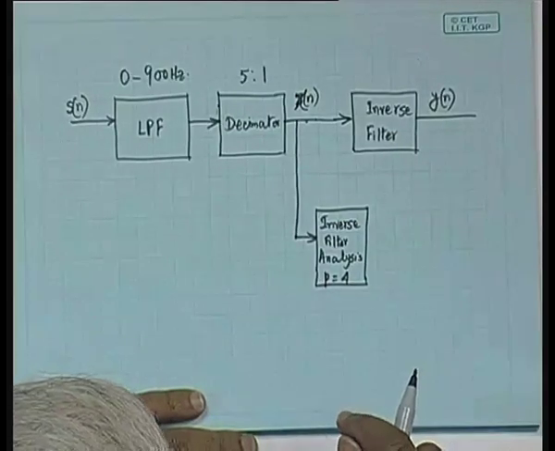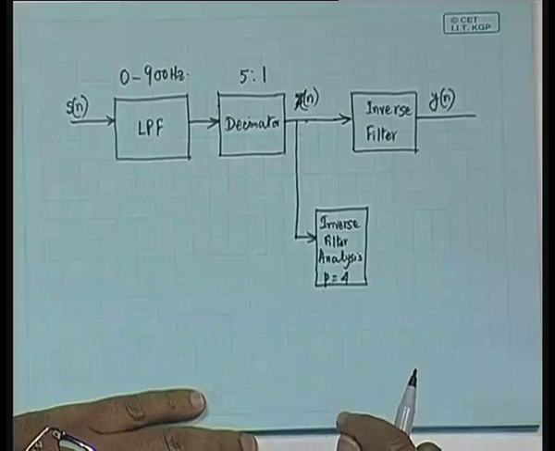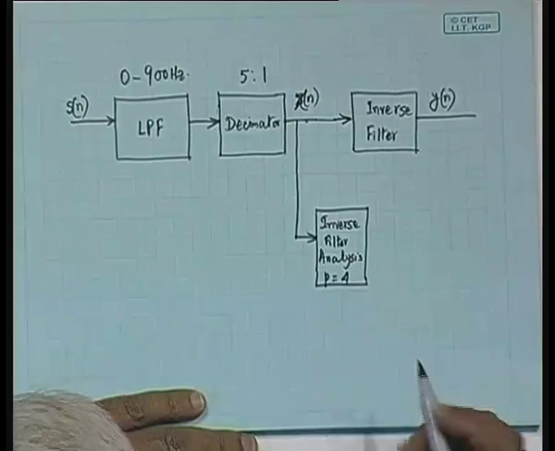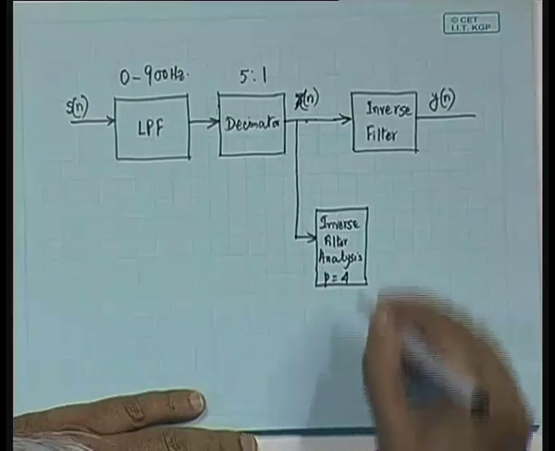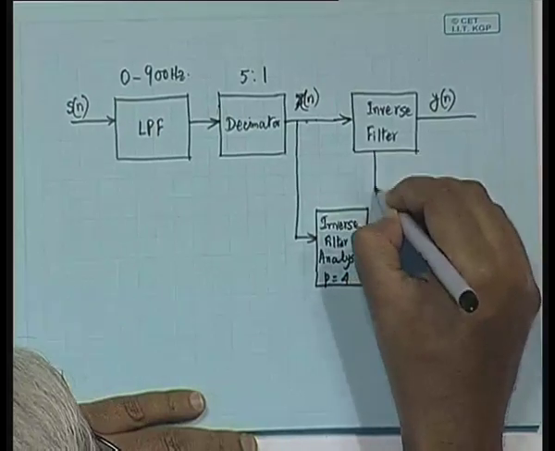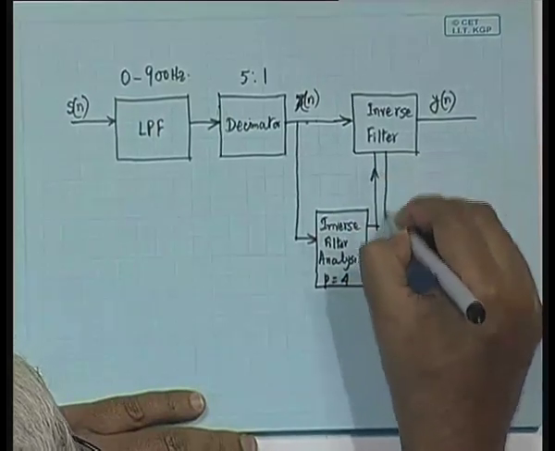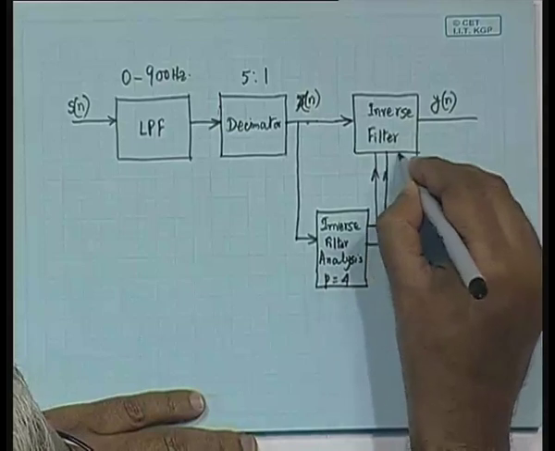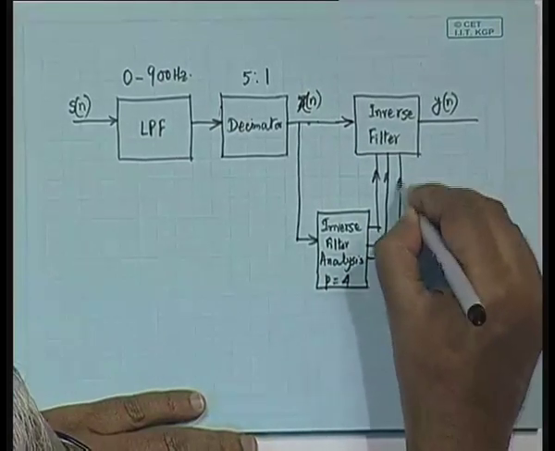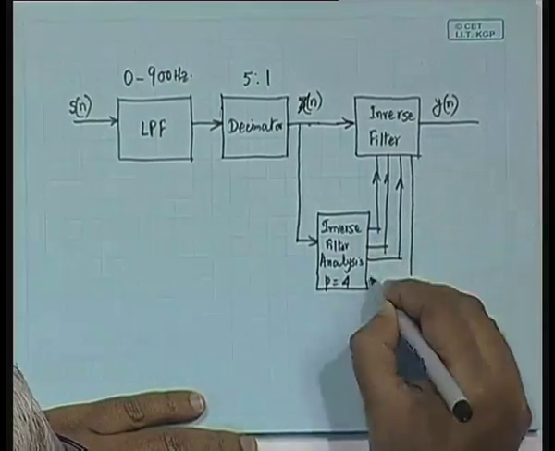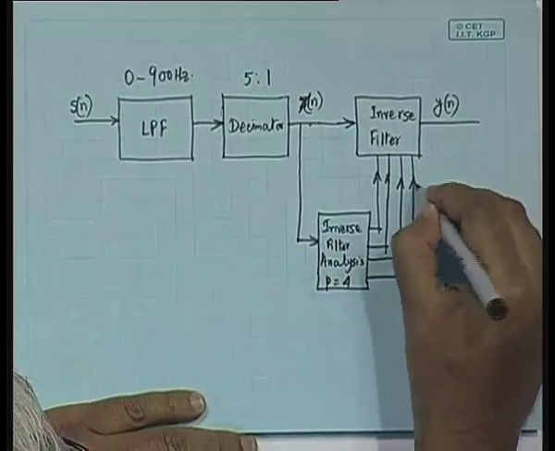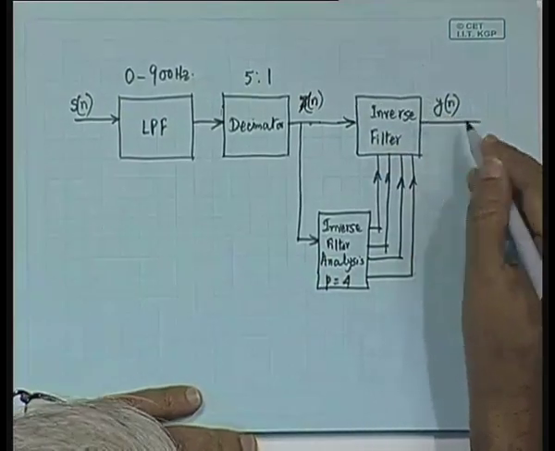So p equal to 4 means we will be having four parameters, alpha 1, alpha 2, alpha 3 and alpha 4, and they all will be fed to this inverse filter.